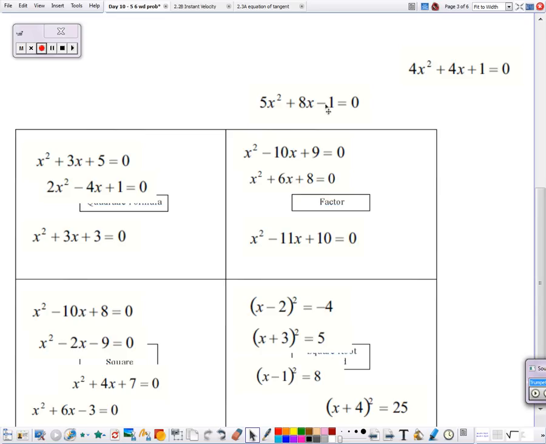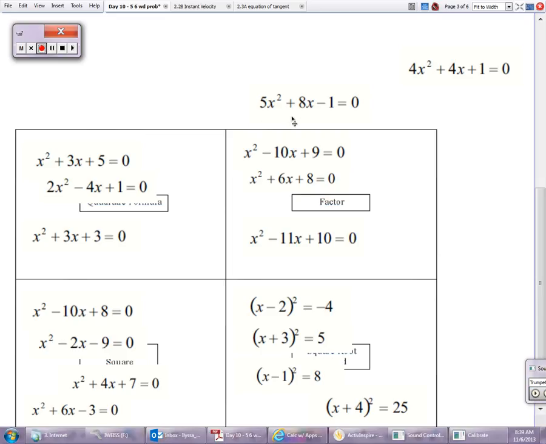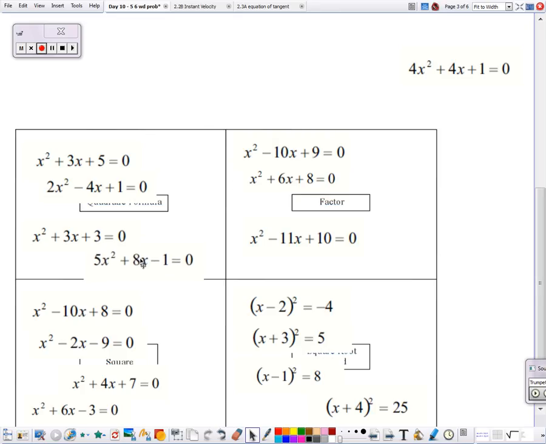Here we have negative 5, and nothing multiplies to negative 5 that adds to 8, so that is a quadratic formula. So last but not least, 4 times 1 is 4. 2 times 2 is 4 and adds to 4, so this equation factors. So every time you're given a set of problems, you have to think about what is the best method for solving.